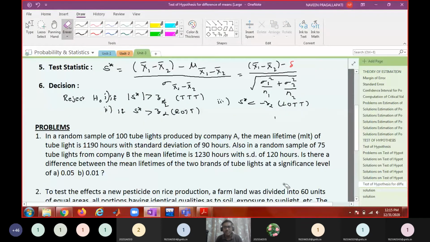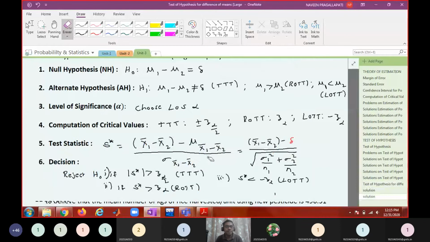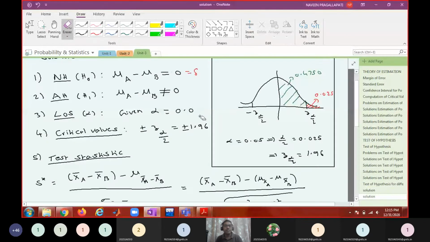Now if it is 0.01, what happens? Z alpha by 2 is 2.575.